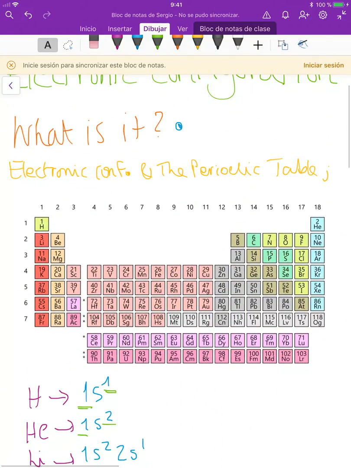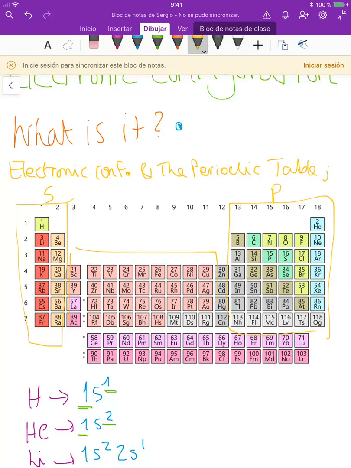and how it works. So the way you do it is basically these 2 columns are for the S energy levels, this for the P, and this corresponds to the D's.